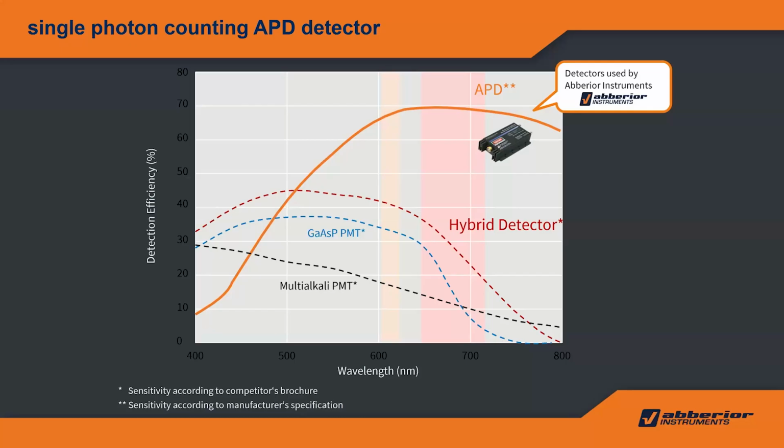We use true single photon counting APD detectors, avalanche photodiodes. We use this detector in all our systems. The same detector has been used in our MINFLUX even. So you see the detection efficiency is much better than any commercial confocal system.